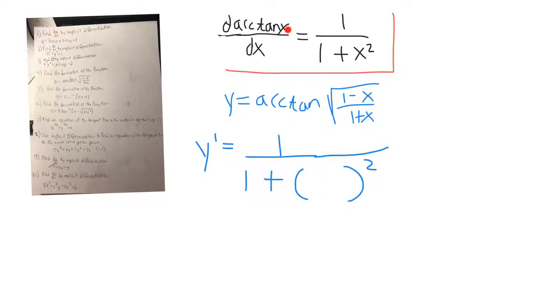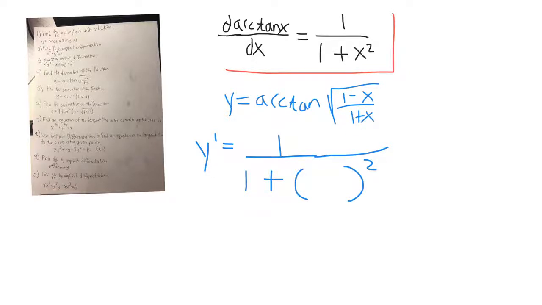This was arctan x, so the thing that's being squared down here is x. We're squaring whatever the angle was. Or maybe that's actually not an angle. That is a measure. All right. So we're going to have to fill this in with this whole thing.